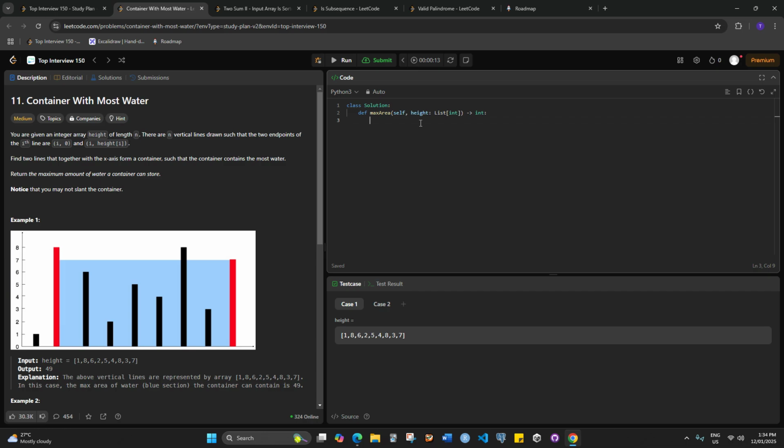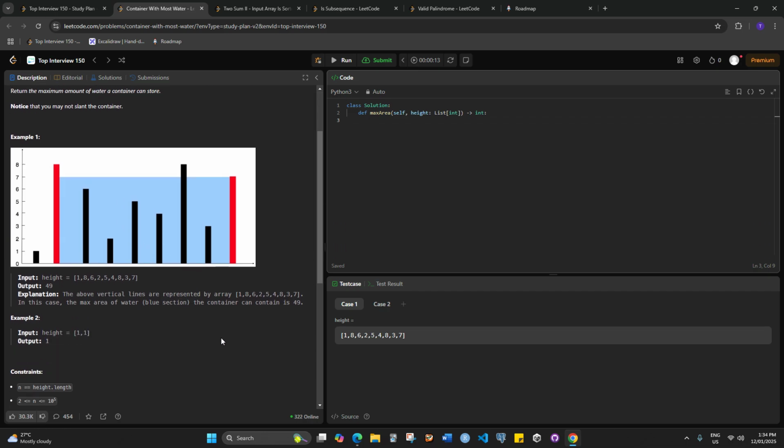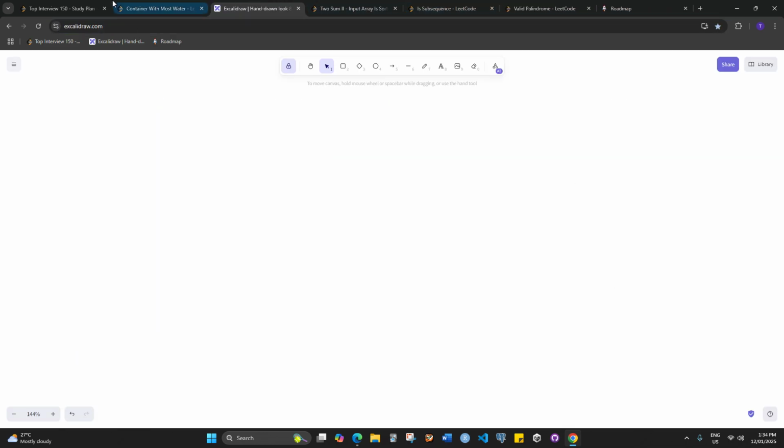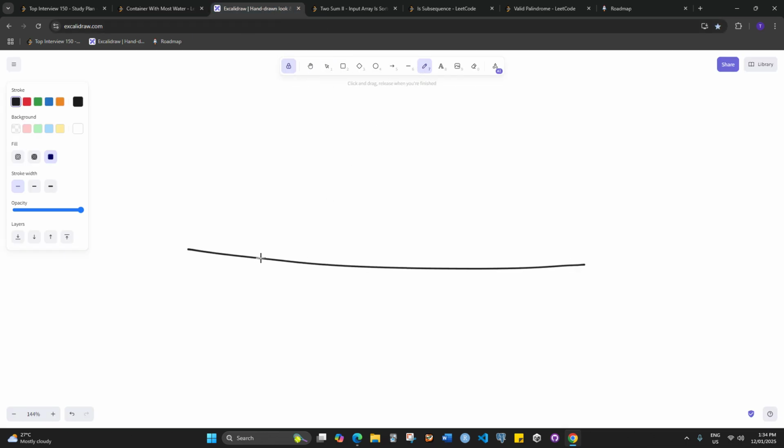Okay, so I just need to think, if I'm moving the pointer, how much water am I... So with the heights 1, 1, what will that even look like?